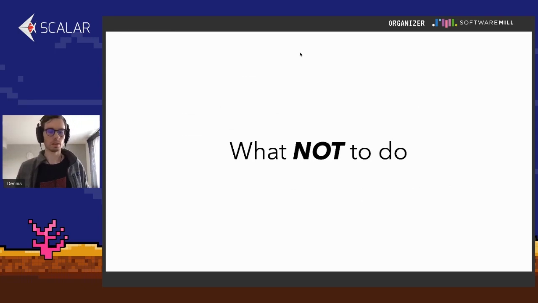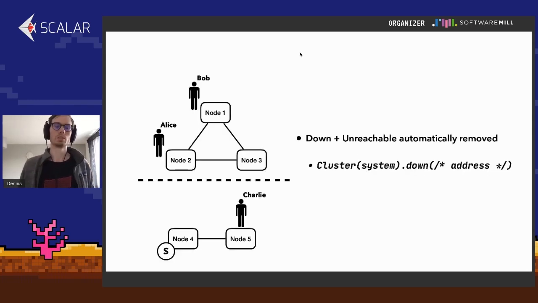So now let's see. Okay, you want to fix this. I mean, it has to be fixed. Your app has to be completely up. So let's see what not to do. So you went through Akka's documentation and you see, oh, well, if I have an unreachable node and I down it, it will be automatically removed from the membership, and then convergence will be reached and everybody's happy.